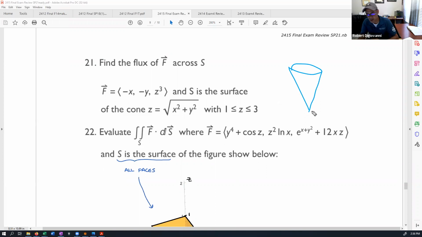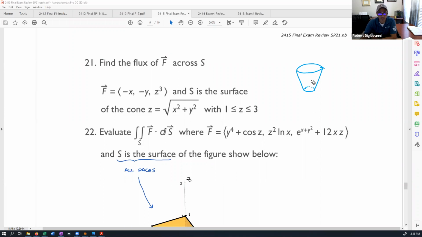So the bottom is, oh, it's not quite like that. Hold on. It's more like this. Okay. So find the flux across this surface S, where S is this cone. It's just the cone, it's not the two caps.